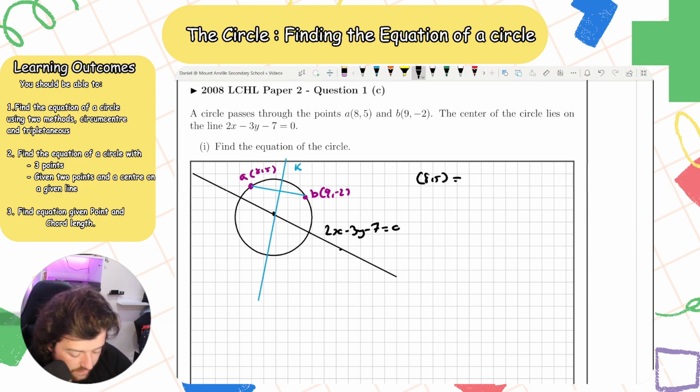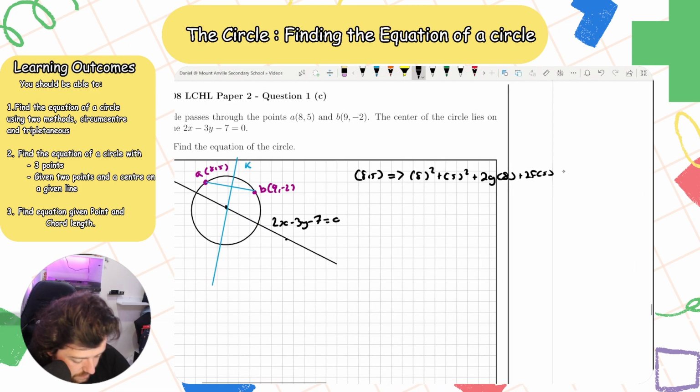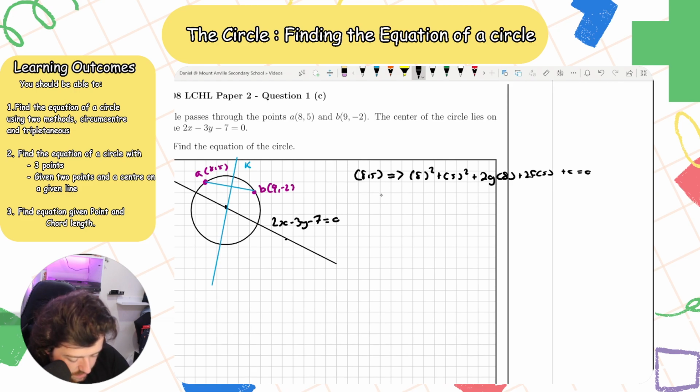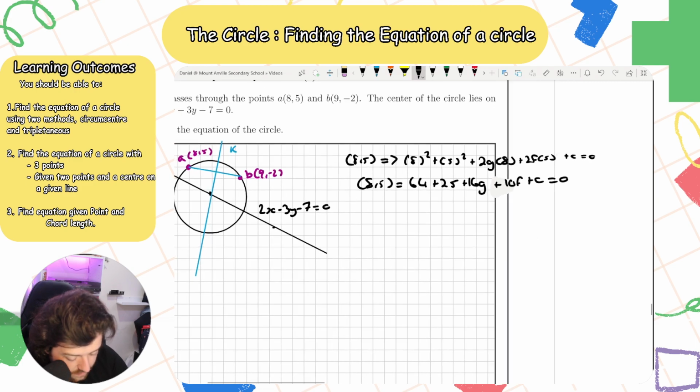So (8, 5) subs into my circle. 8 squared plus 5 squared plus 2g times 8 plus 2f times 5 plus c equals 0. That's 64 plus 25 plus 16g plus 10f plus c equals 0.